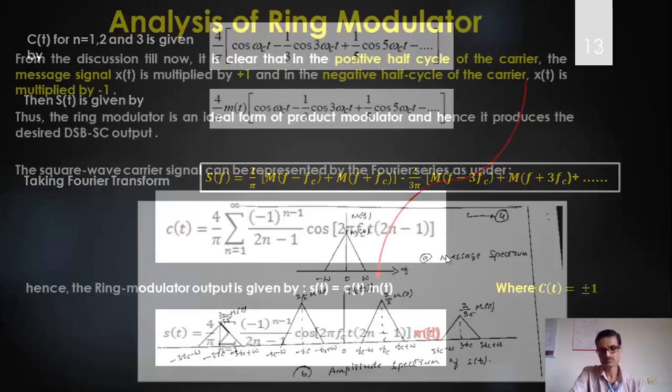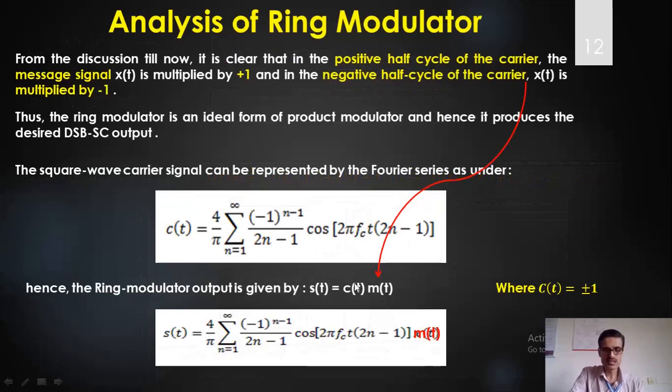Now, if c of t has a +1 and -1 voltage with an overall time interval of t0, and if I take a Fourier series of this particular c of t, the carrier signal, I can represent that using a Fourier series expansion with this formula: 4 by pi, summation n goes from 1 to infinity, (-1) to the power n minus 1, divided by 2n minus 1, into cos 2 pi fc t into (2n minus 1). This is a Fourier series expansion of this particular signal.